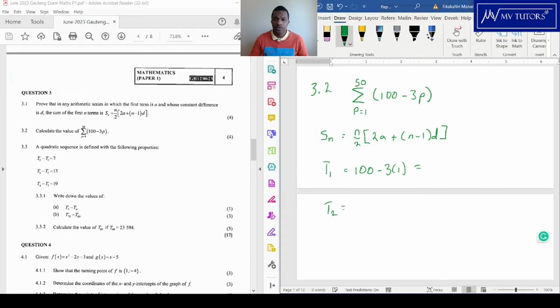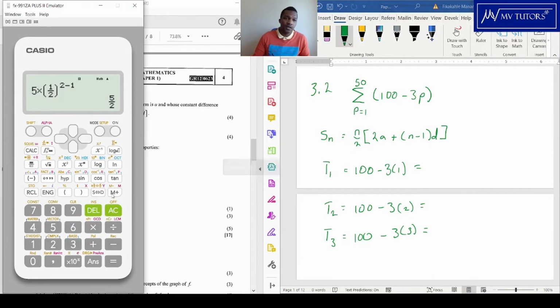T2 would be 100 minus 3 times, where there's a P, we put a 2, right? And then T3 would be 100 minus 3 times, where there's a P, we put a 3. That's how you do these questions. Okay, so here we're going to go 100 minus 3, and in the brackets we put 1.